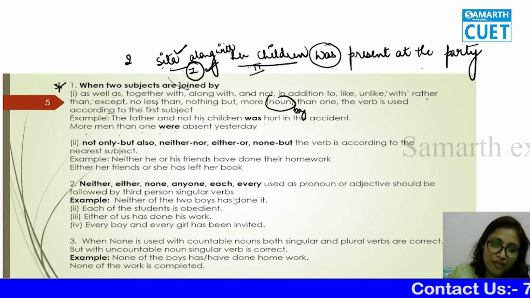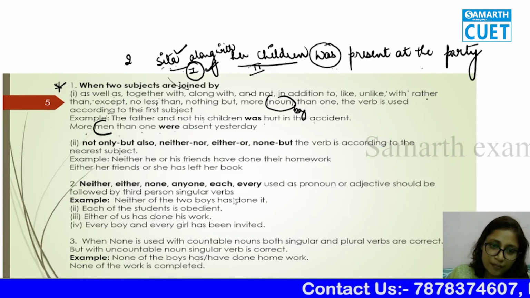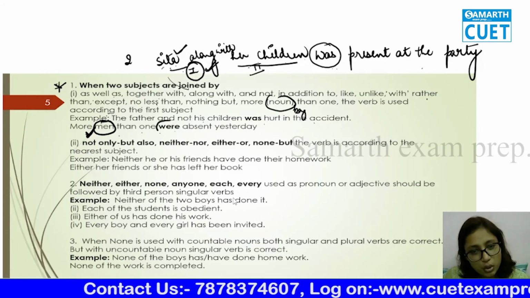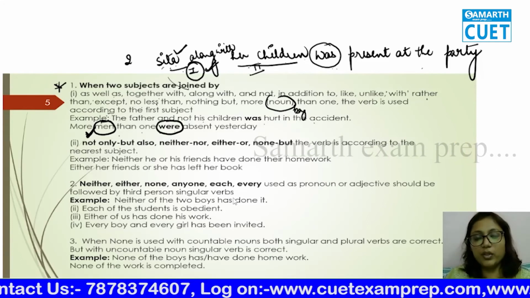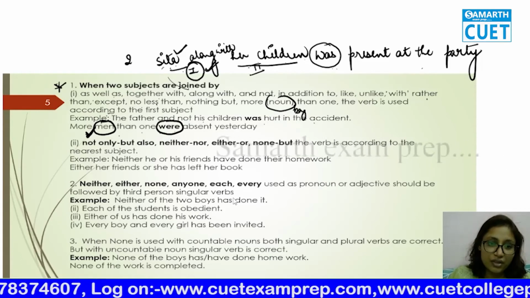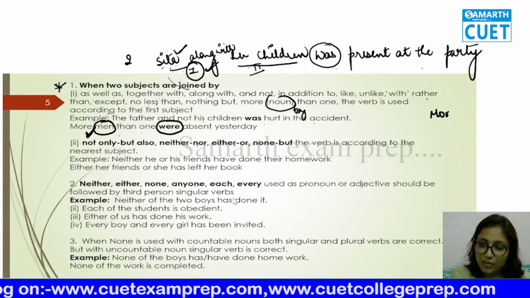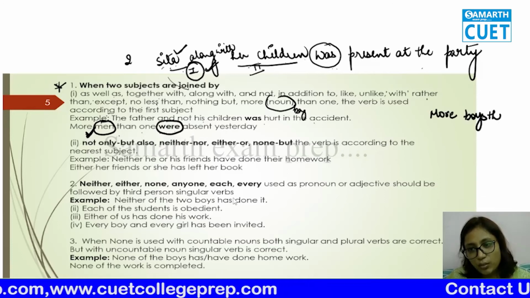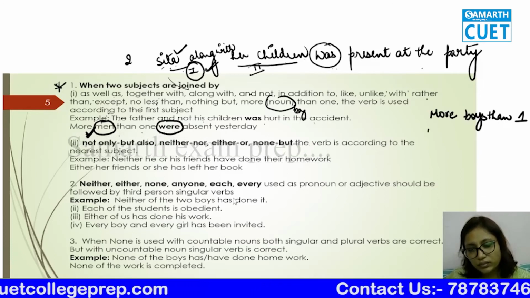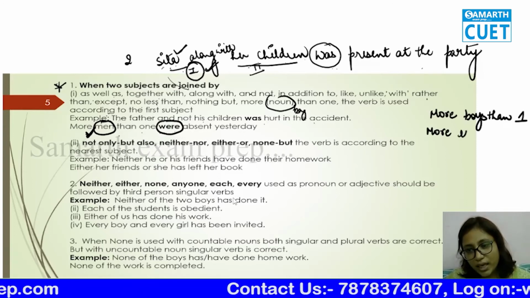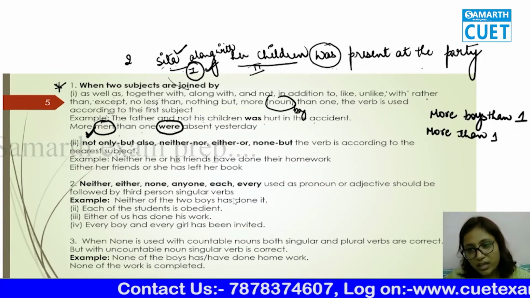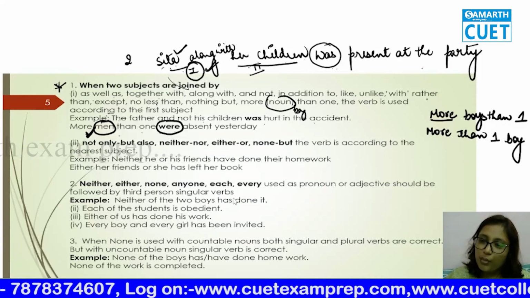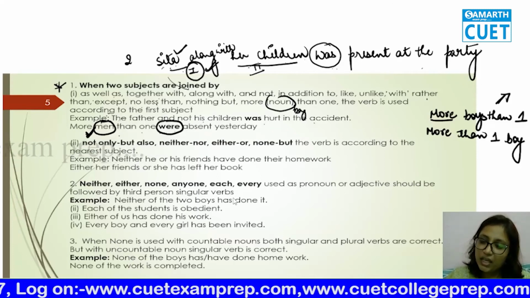तो हमने हमारा फर्स्ट ये पढ़ा men. तो ये प्लूरल है. Because this is plural, we are going to use were here. Okay, now we have two types here. I'll just explain here only. More boys, the difference I'll tell you. More boys than one and more than one boy. So when more boys than one comes, we'll take plural.